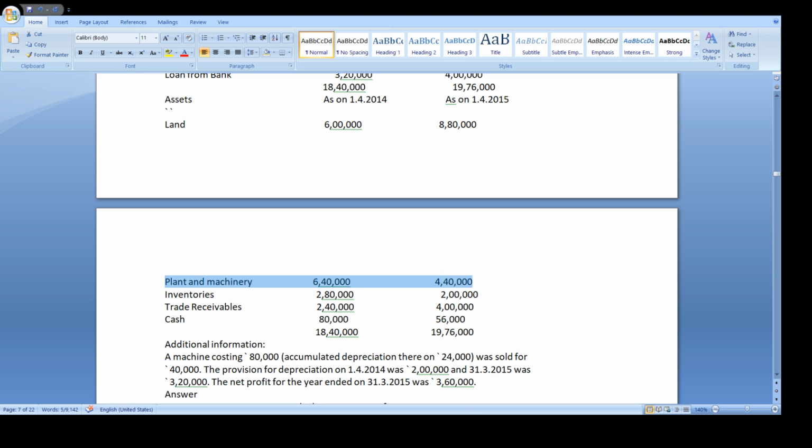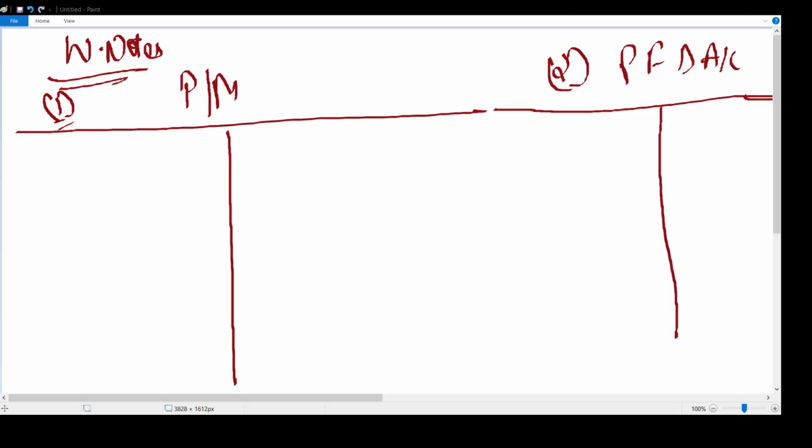Okay, the balance brought down in case of plant and machinery would be 6 lakh 40,000 plus 2 lakhs. Why 2 lakhs? Tell me why 2 lakhs? Anyone?